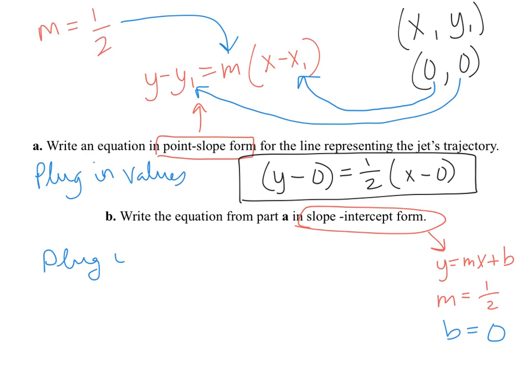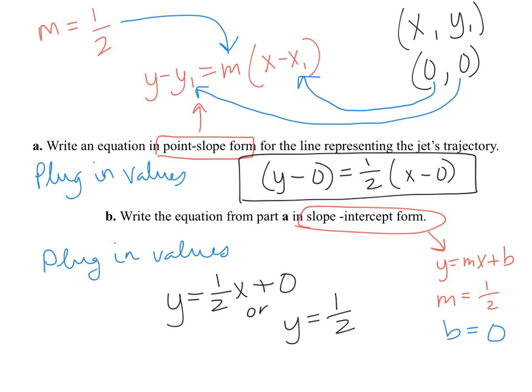Now I'm simply going to plug in the values that I found into the equation of slope-intercept form. Y equals 1/2 x plus 0, but we would write it as y equals 1/2 x. And that is my answer for slope-intercept form.